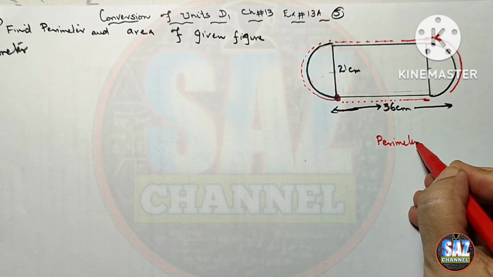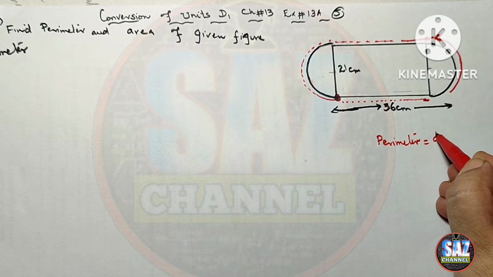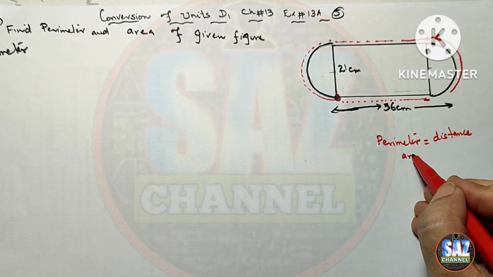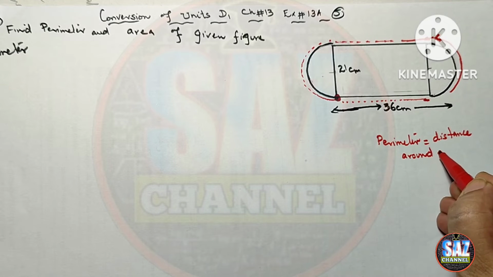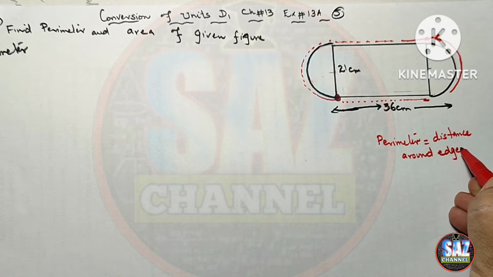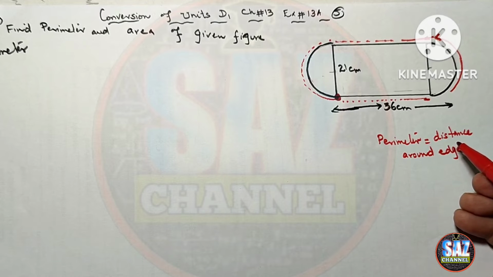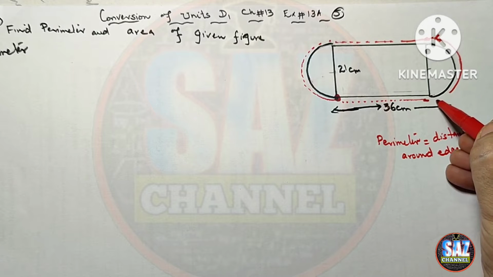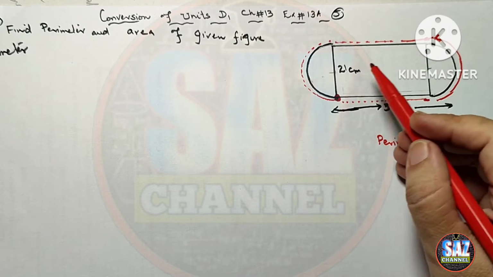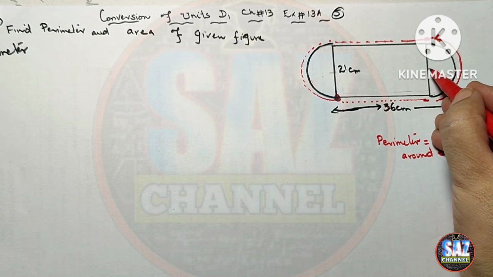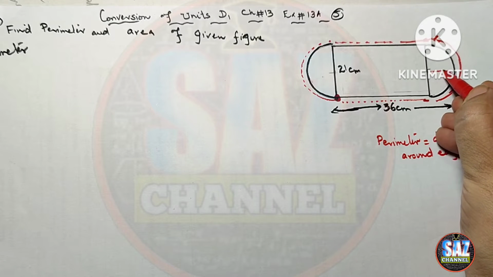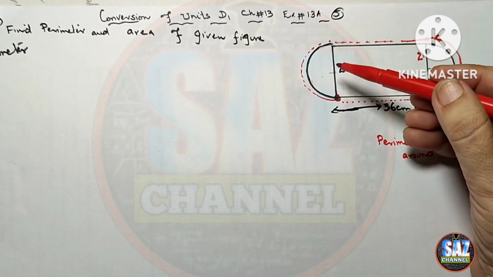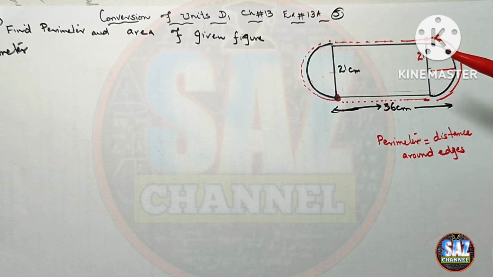Perimeter, distance around edges, we have to remain outside the shape. So if we think about this circular portion, that is of the same size on both ends, the diameter is 21, and the diameter is becoming the breadth of the rectangle as well.